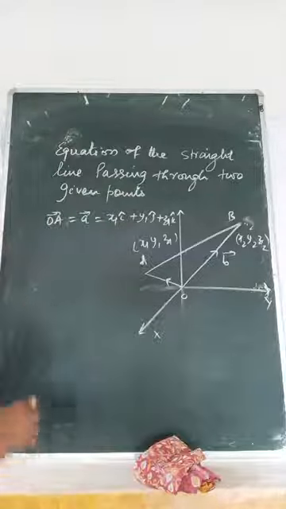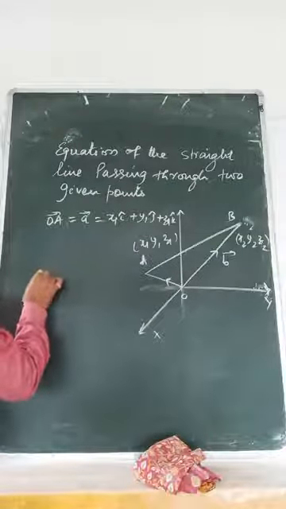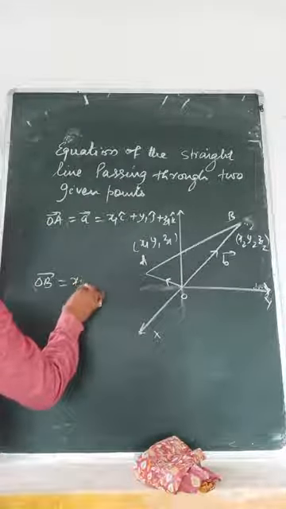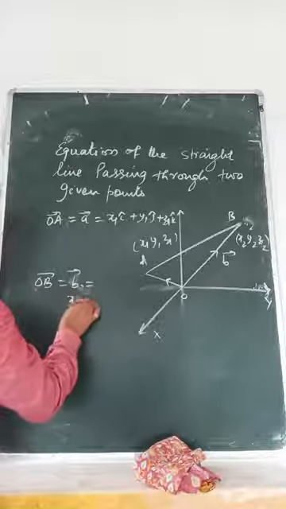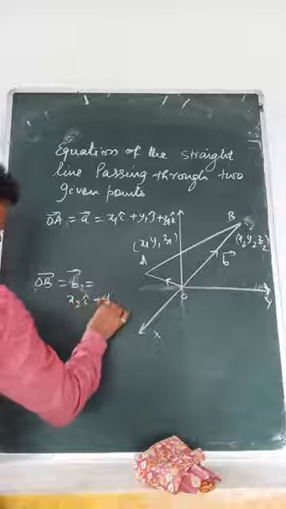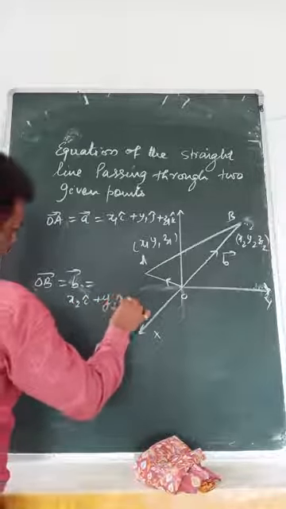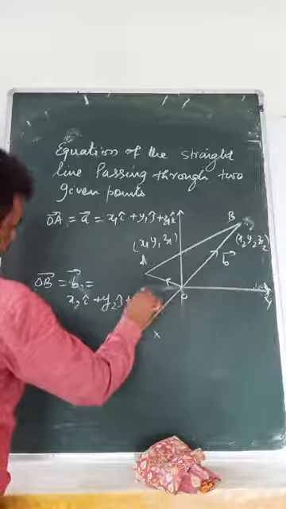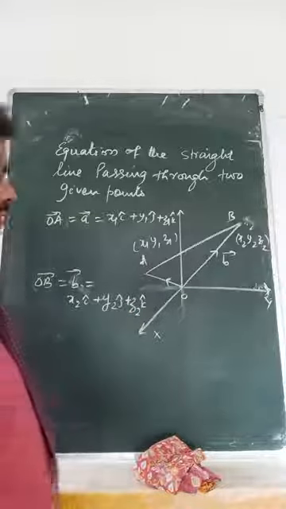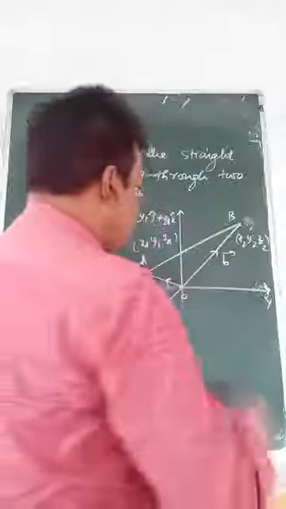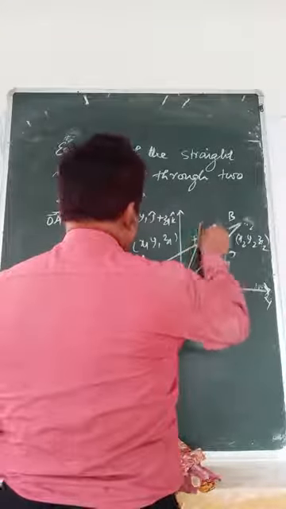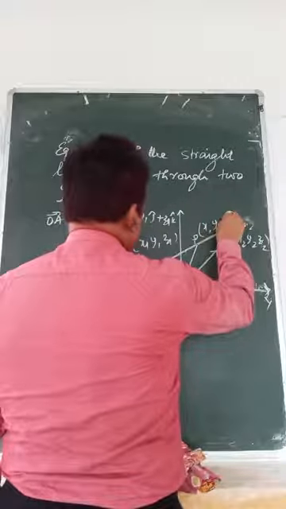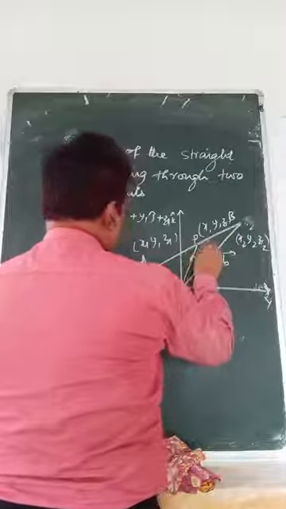So you can write OB is B vector, which is x2i, y2j, z2k. Suppose P is any arbitrary point here whose coordinate is x, y, z, and suppose this is R vector.